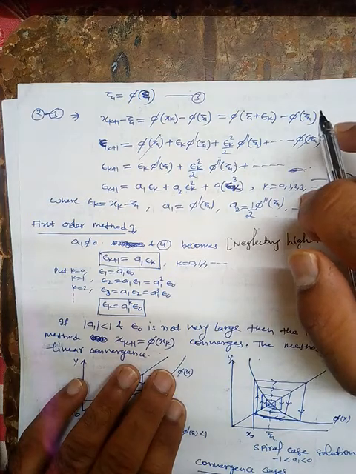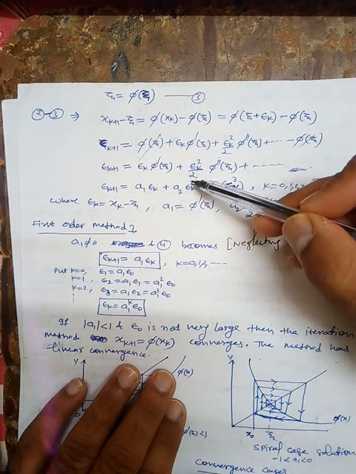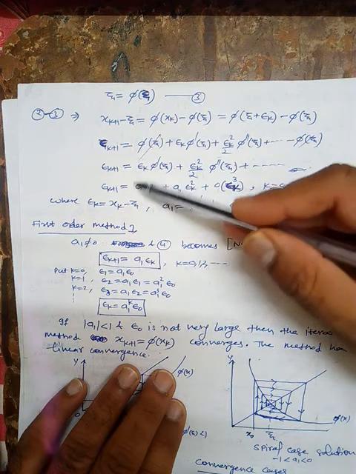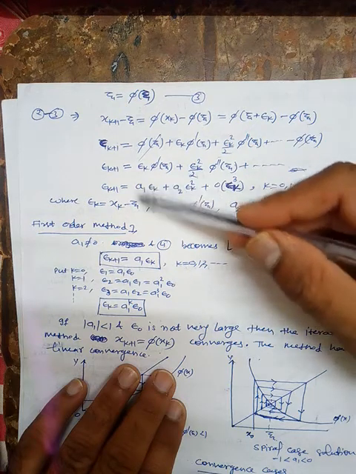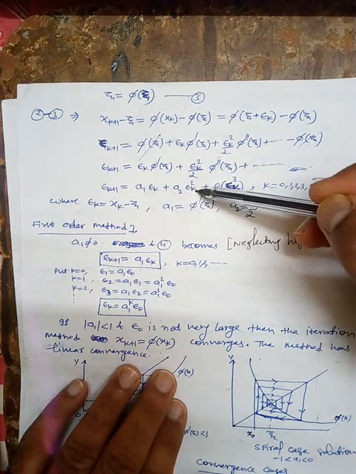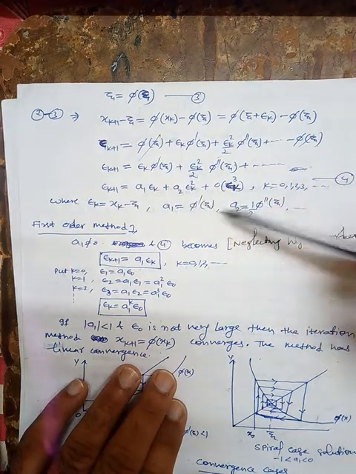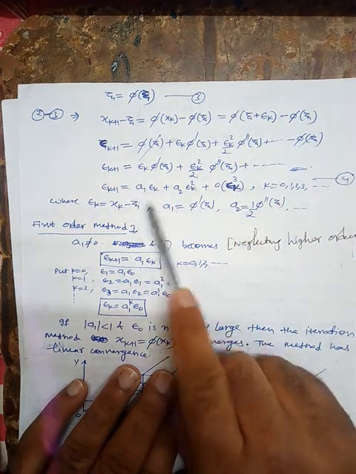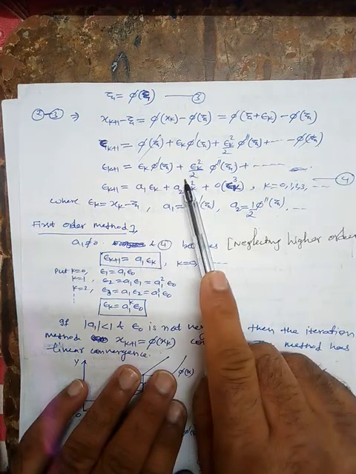If you want to make a second order convergence method, then your a1 should be 0, and a2 should be a non-zero quantity, so that you will get a second order method. So you can make methods of different orders, you can make a linear method, you can make a second order method.